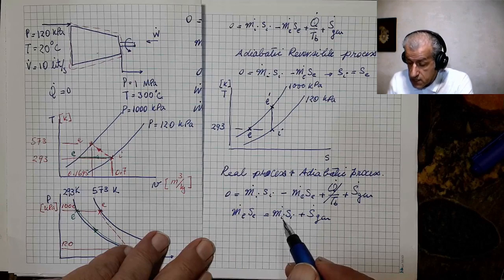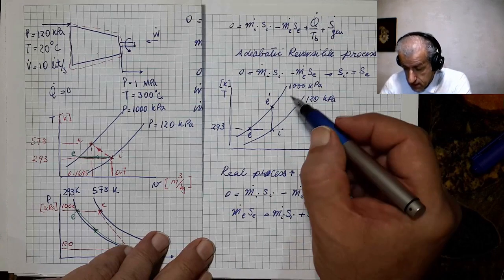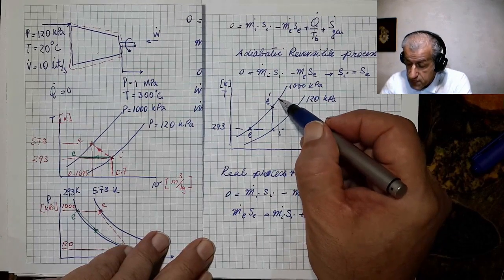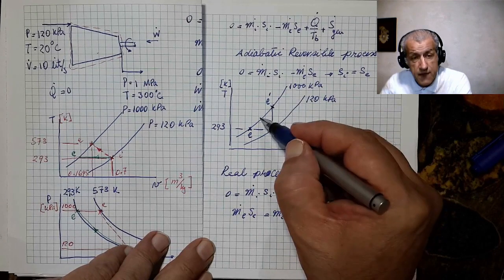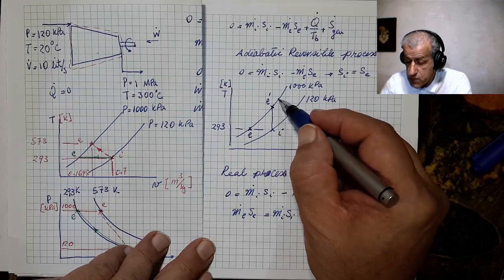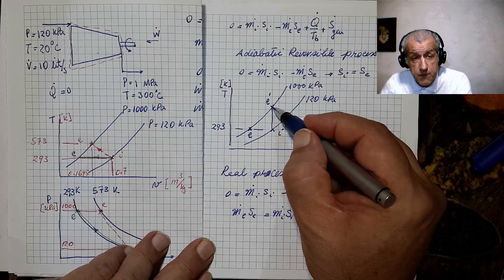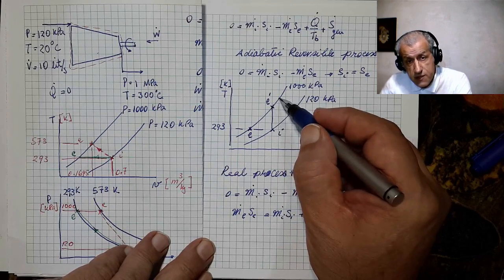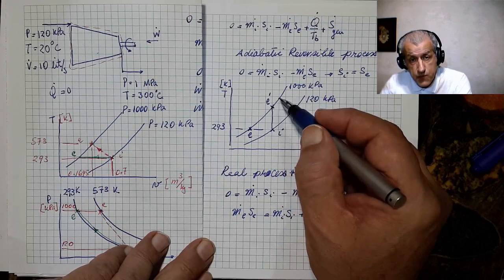The question is not whether point E is to the right or to the left. The correct question is whether point E is on E prime or to the right of it, and which one is true.